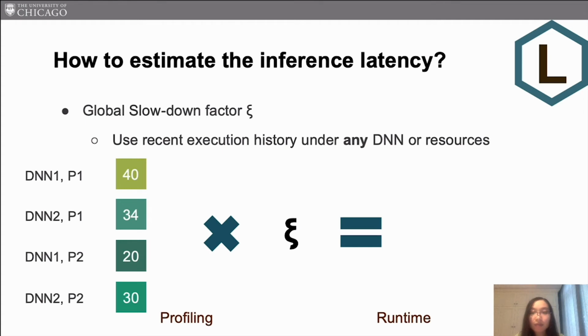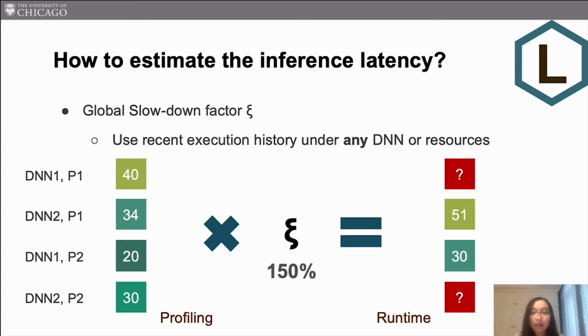At runtime, due to the computation, it takes 51 seconds to finish. It is a 50% slowdown. Based on this, we predict that all settings are 50% slower than the profiling. With this design, Alert makes full use of the execution history, no matter which network or power settings were recently used.